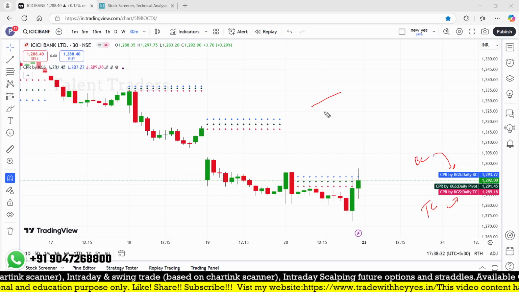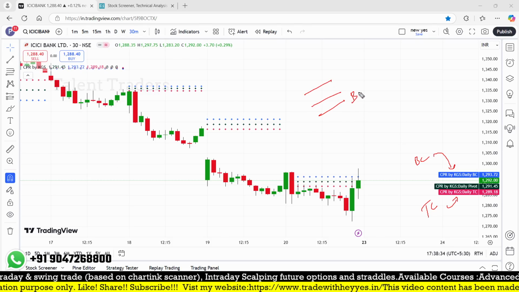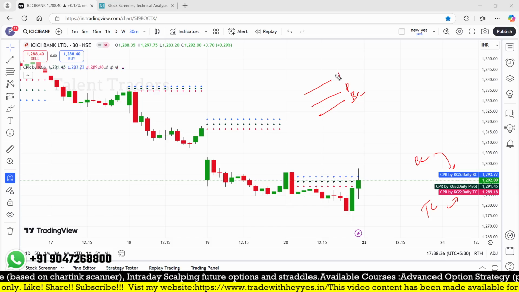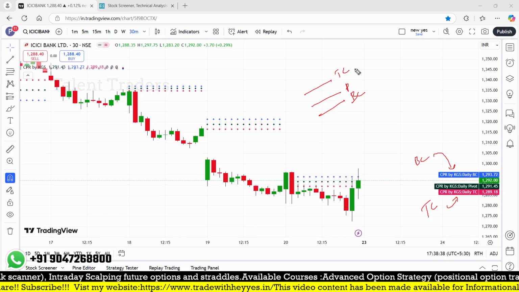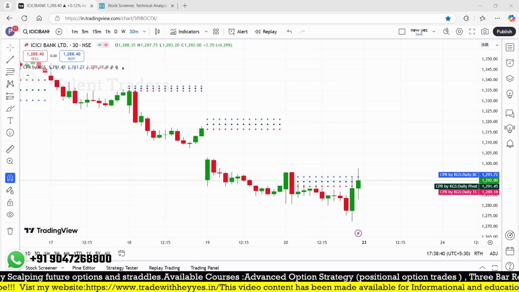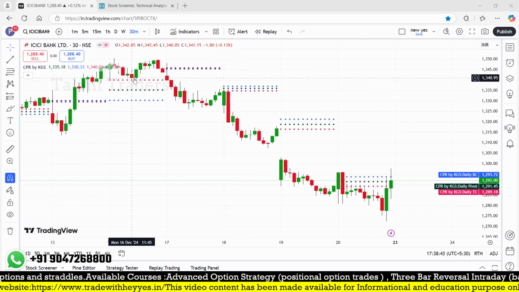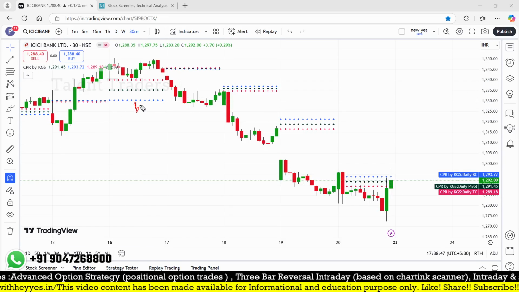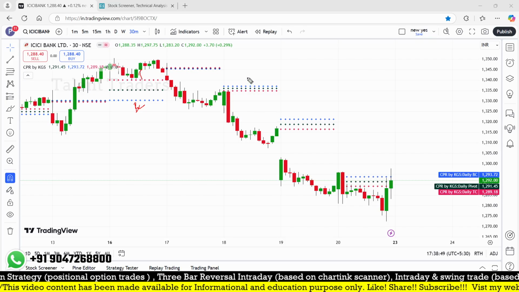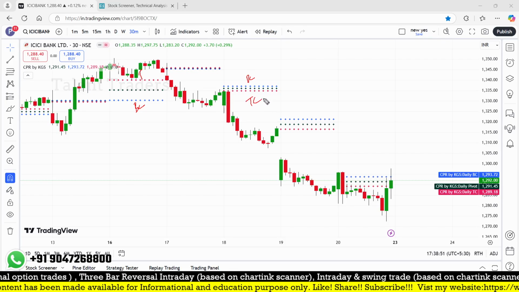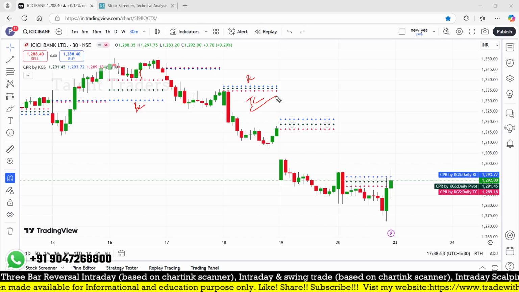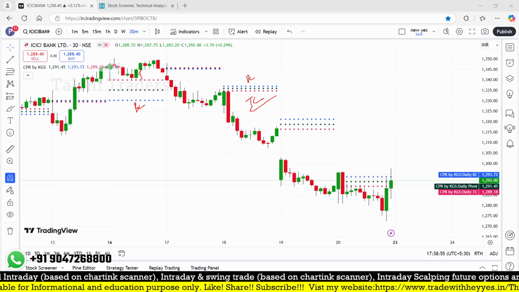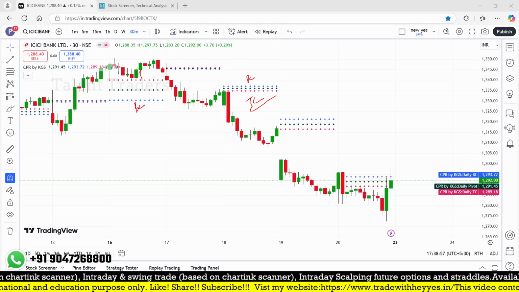Normally the pattern would be bottom central pivot and then top central pivot, but sometimes it can be reversed. Here you can see this is the right one, and after that it changed. So this is BC and TC, but in this case BC is greater than the pivot and TC is lower. That may be the reason. If you are calculating those values, it may show you some errors.